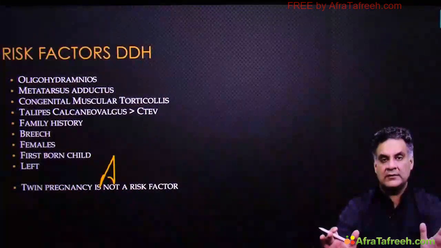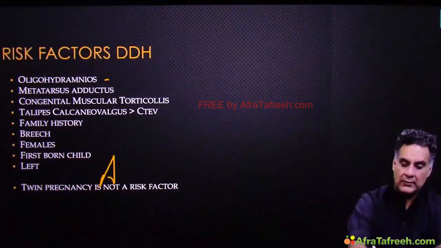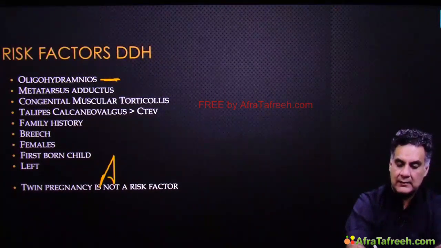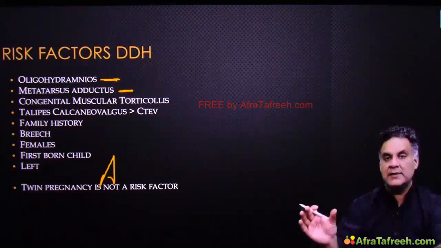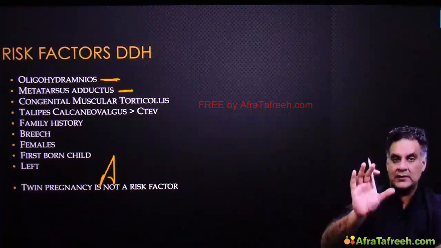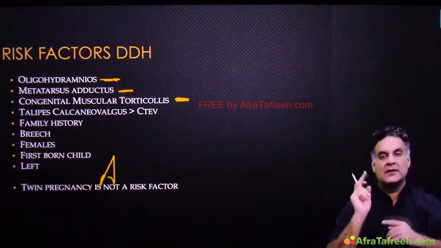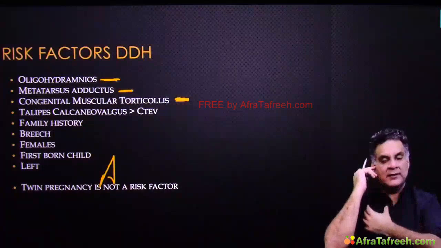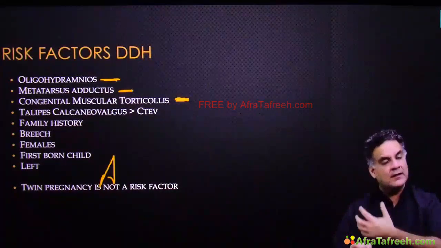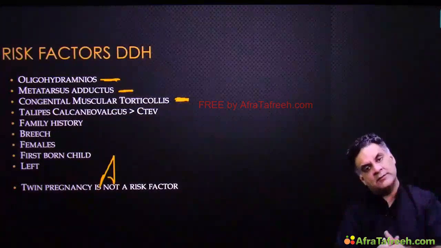Whereas if you look at the risk factors of DDH, remember, oligohydramnios is a risk factor. Metatarsus adductus means medial deviation of the forefoot and midfoot, a risk factor. Congenital muscular torticollis: when the sternocleidomastoid of one side is shortened, the ear of the same side will come towards the shoulder, and the chin goes opposite.